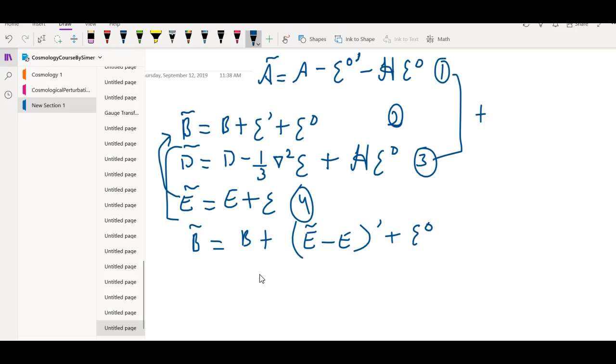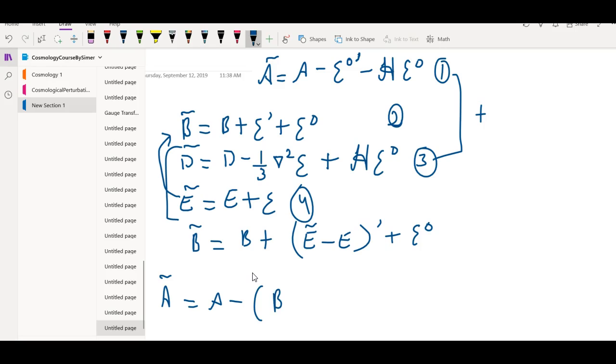This is much simpler to deal with. Now put the value of xi 0 from here to there. We will get A tilde is equal to A minus xi 0 prime.